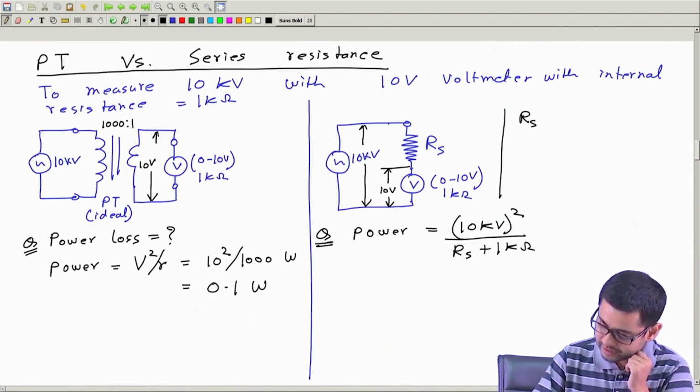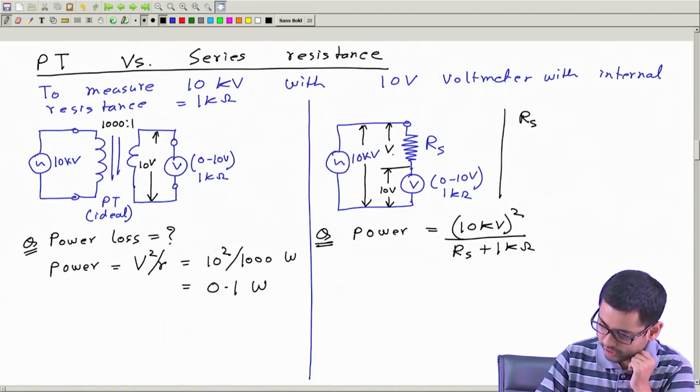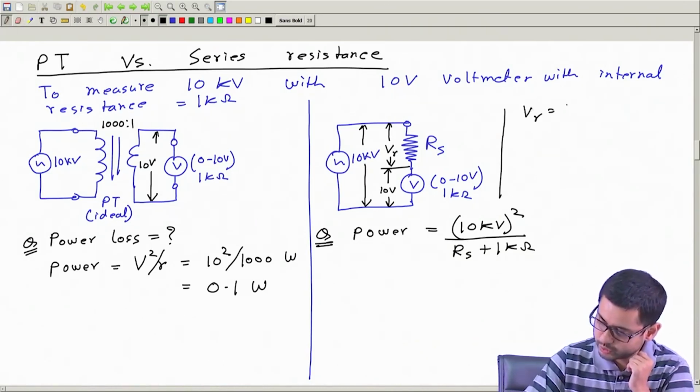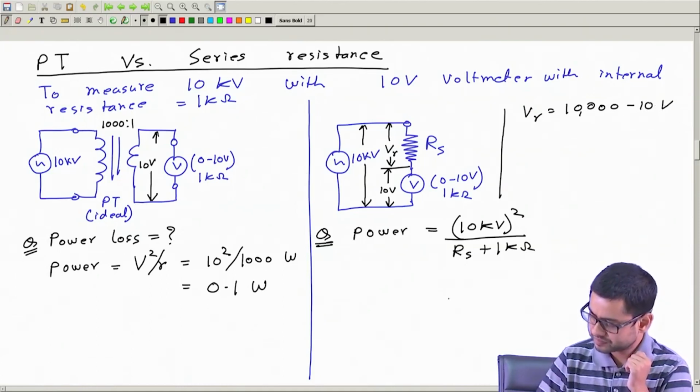So the voltage here to here should be 10,000 minus 10. Call it VR. So VR is equal to 10 kilovolt minus 10 volt.